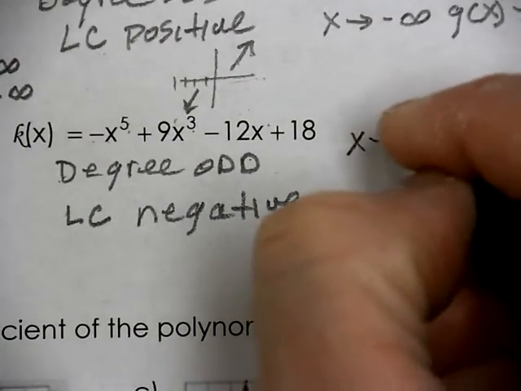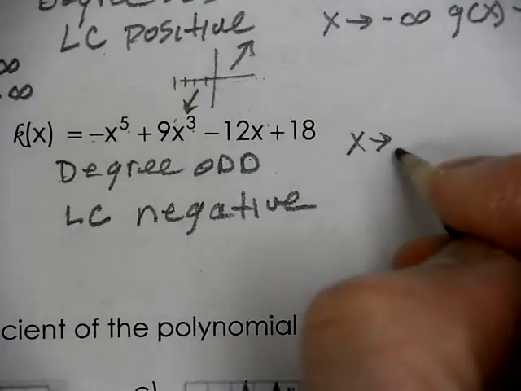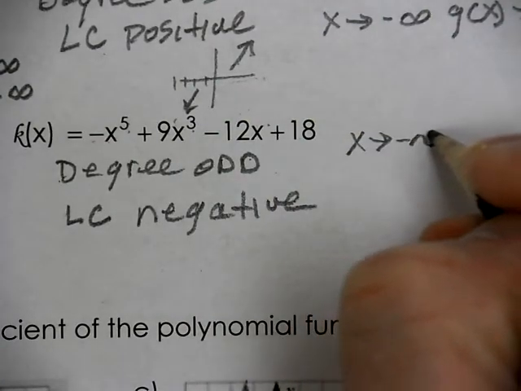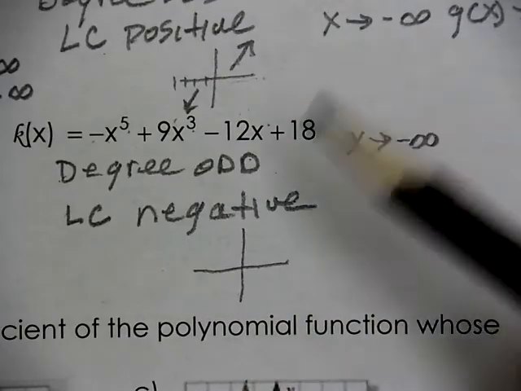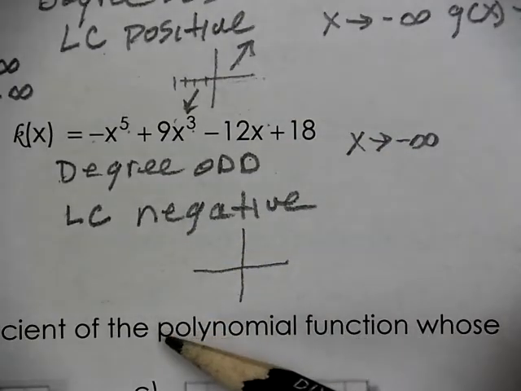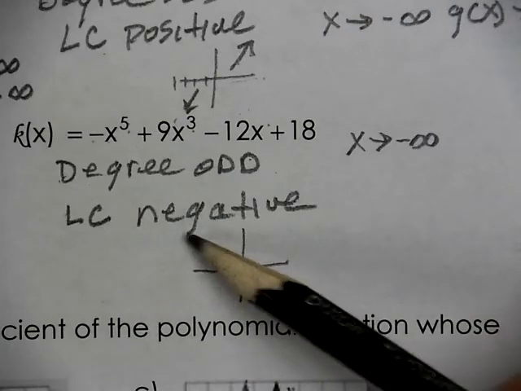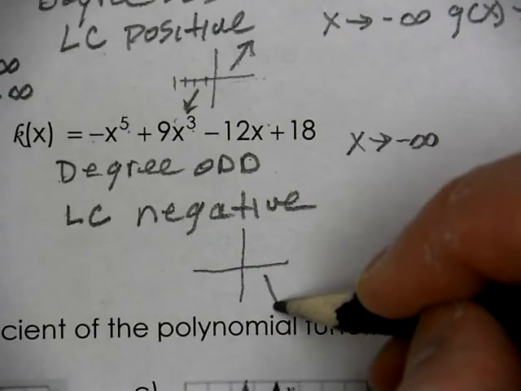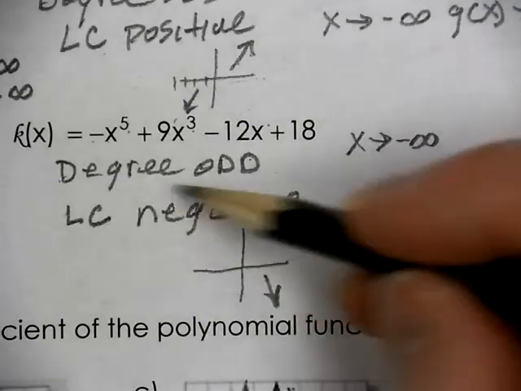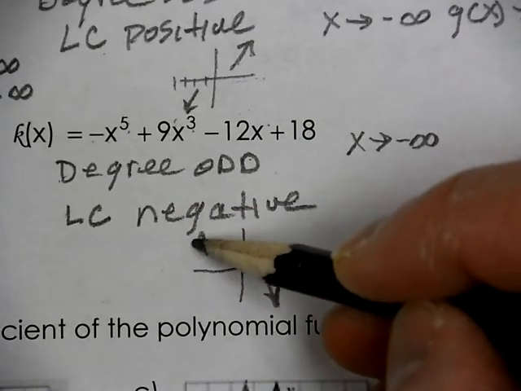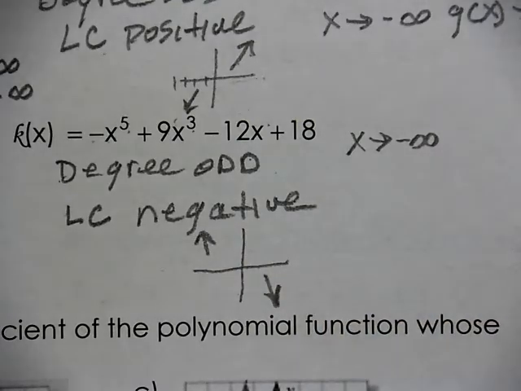So as x approaches, it's okay to even start with negative infinity. As you look to the left, let's do a little quick sketch. First, we like to look at the leading coefficient. It's negative. That means it's falling to the right. The odd degree tells us that it's going to go in opposite directions.